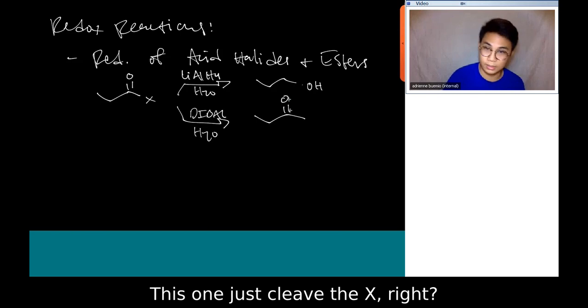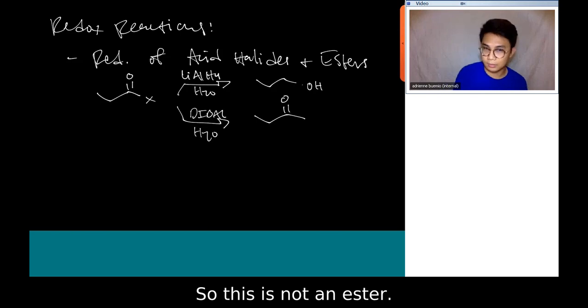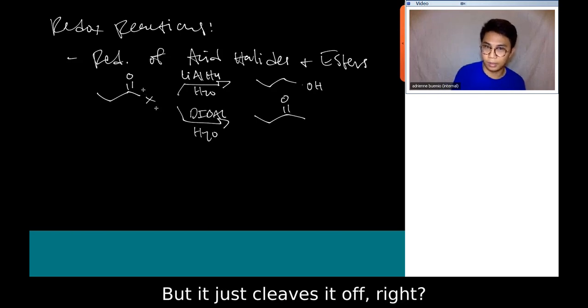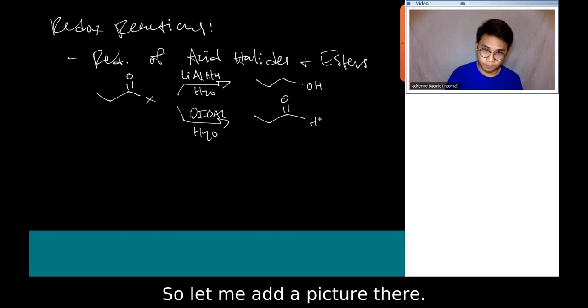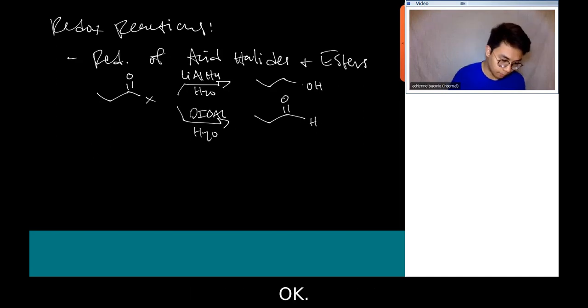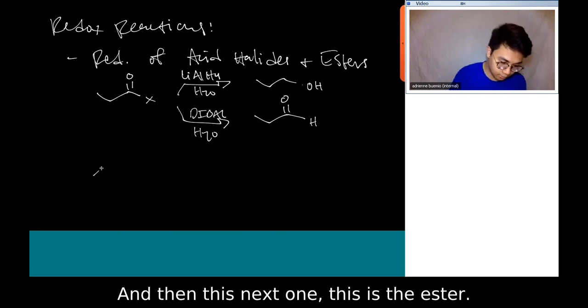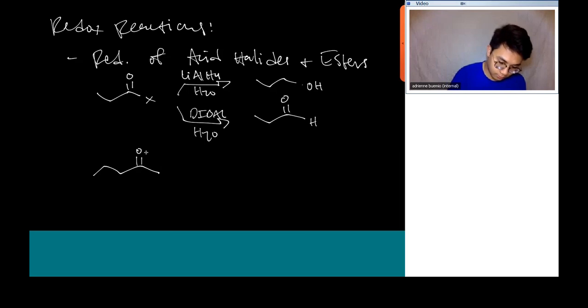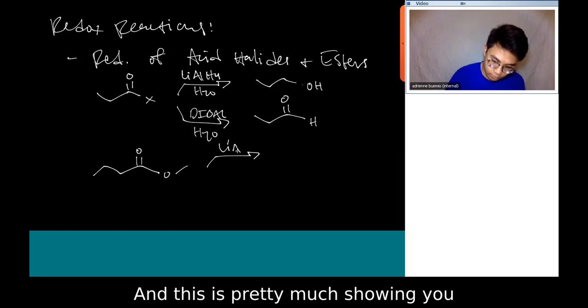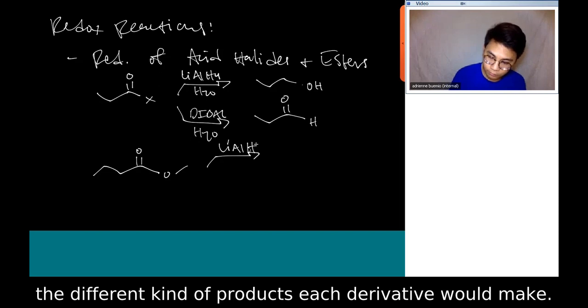This one just cleaves the X, right? So this is not an ester, but it just cleaves it off, right? Oh, let me add the H there. Okay, and then this next one, this is the ester, and this is pretty much showing you the different kind of products each derivative would make.